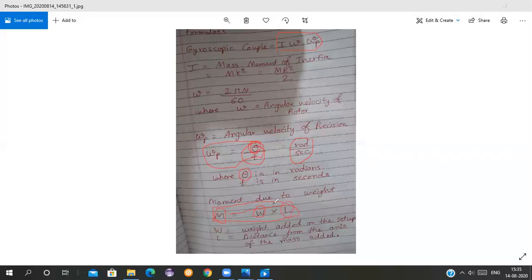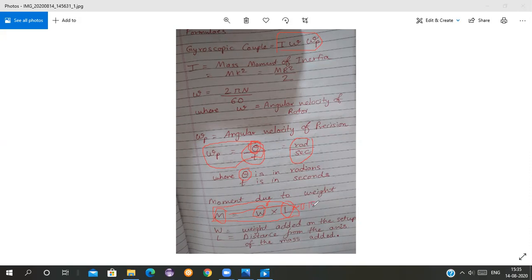So W you have to take as 1 kg, that is 1 into 9.81. L you can take as 15 centimeters, or 15 centimeters is equal to 0.15 meters. Are you all getting it?